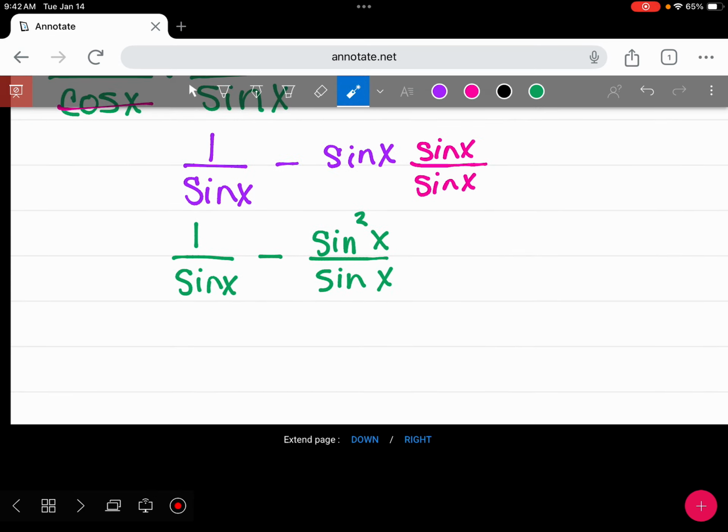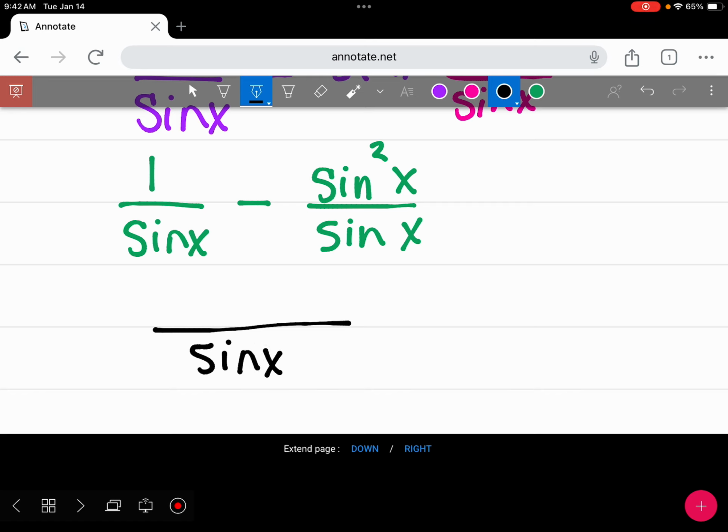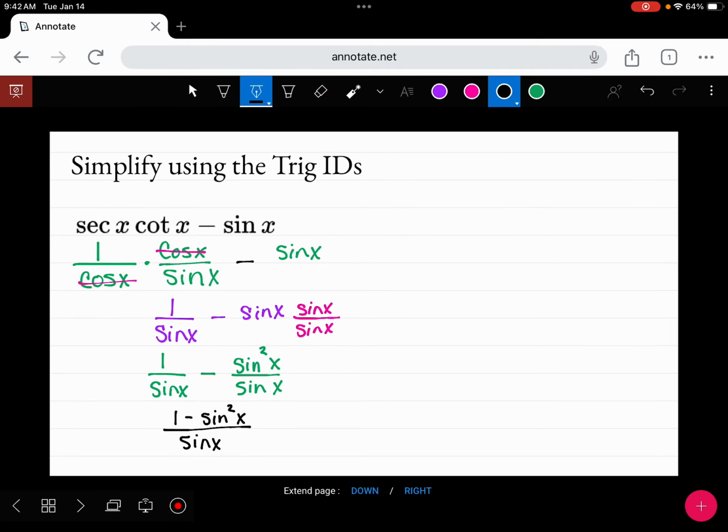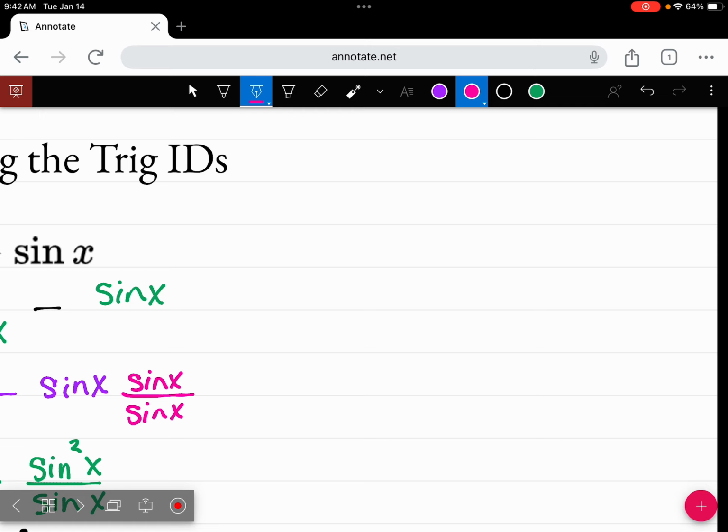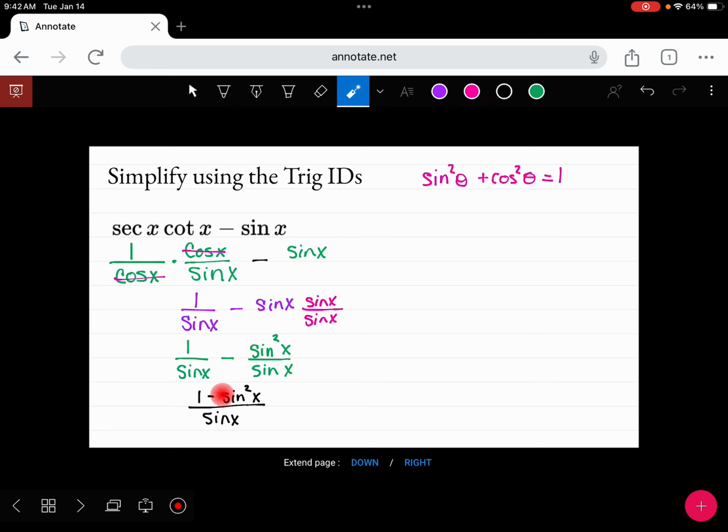So our denominator is going to be sine of x, and our numerator is 1 minus sine squared of x. I wonder if 1 minus sine squared x is something we can do something with. So I'm going to put up here one of our trig identities that involved a sine squared. If I had sine squared theta plus cosine squared theta equals 1. Is there a way to find a piece that looks like 1 minus sine squared x?